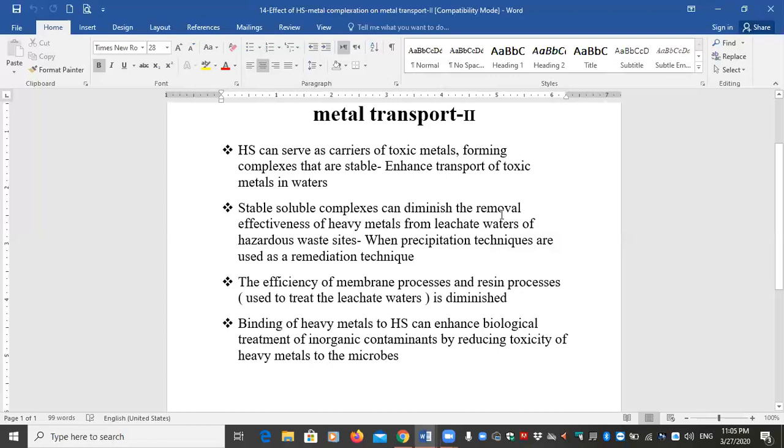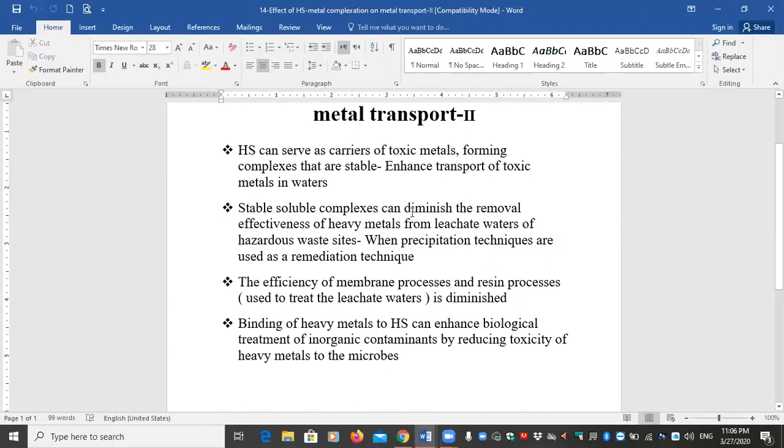We are going to remove the heavy metals from them. That means we don't want these heavy metals to stay in the leachate. What is the procedure we are using to remove these heavy metals from the leachate waters? By precipitation techniques. We want to precipitate them.